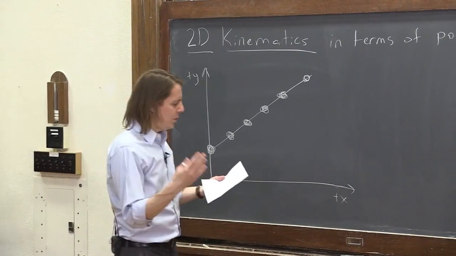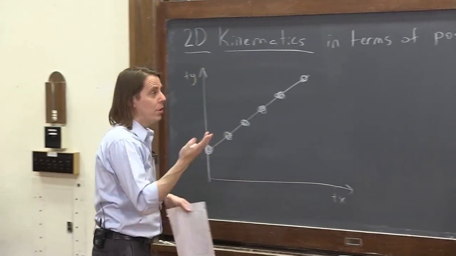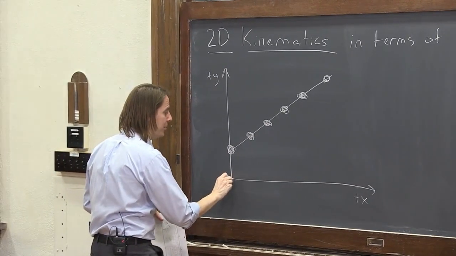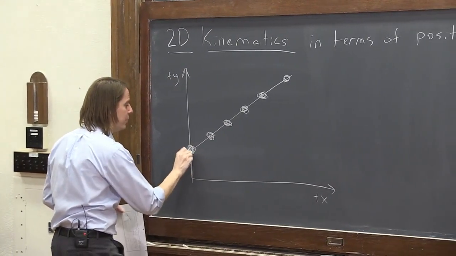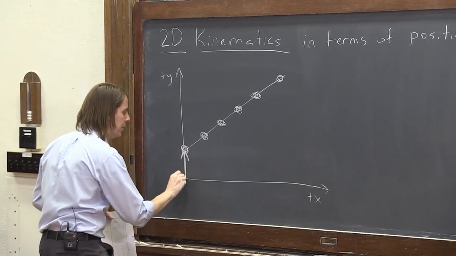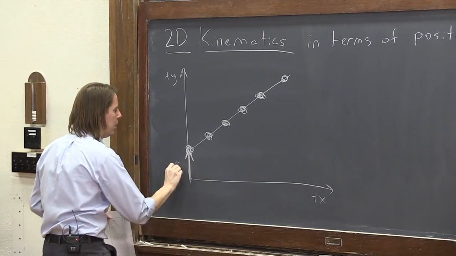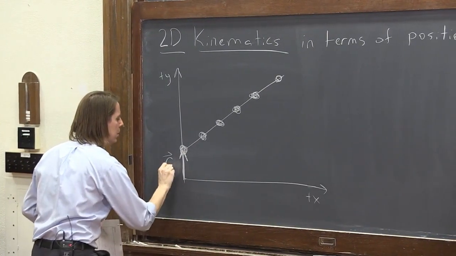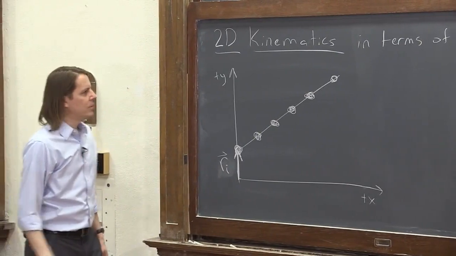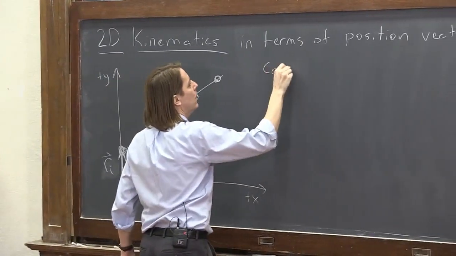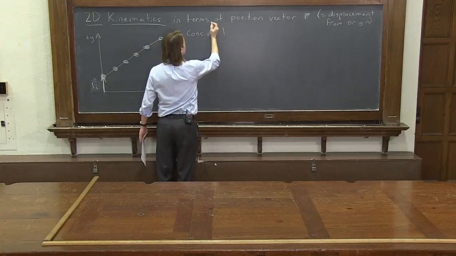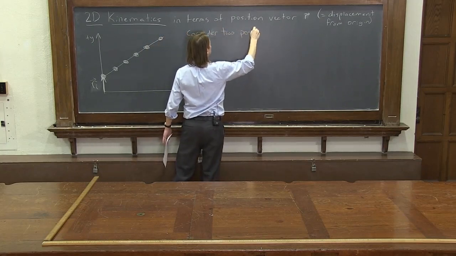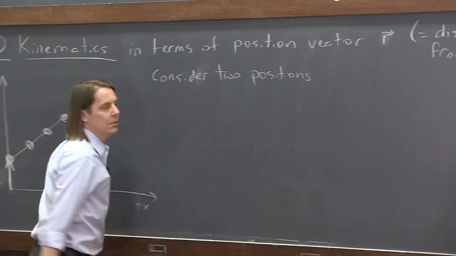So let's look at what we really mean by that. Let's draw a couple of R's. Well, it's simply the vector from the origin, here's the origin, to a position. So our initial one is right there. There is R initial. Let me write that bigger. So let's consider 2 positions, where it started and where it ended.